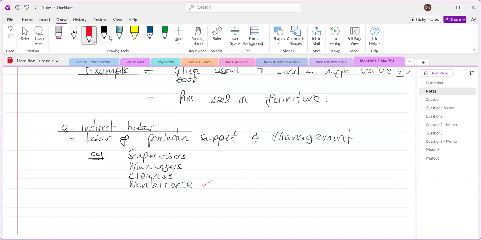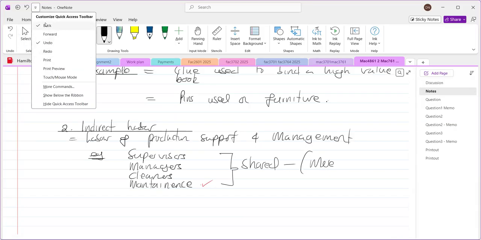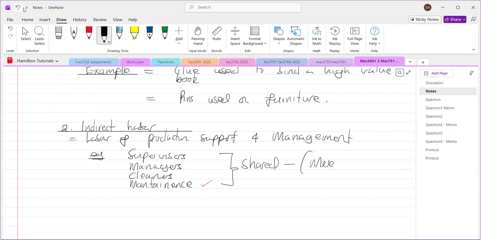So what it means, these are shared costs. But remember, for them to be shared, you must manufacture more than one unit. If you manufacture one unit, then it is a direct cost.